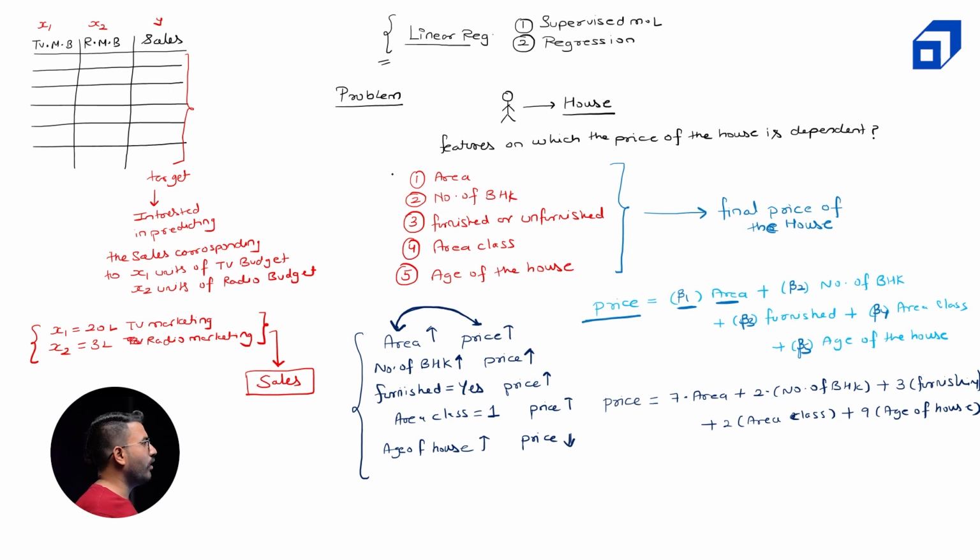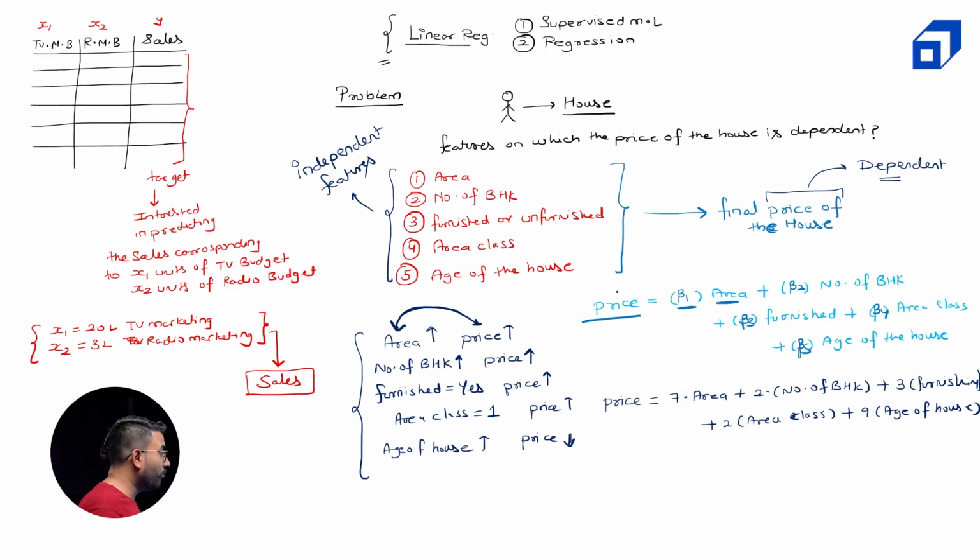These features are known as your independent features. And why they are known as independent? Because they are not dependent on someone. While the price is known as the dependent feature, because this feature is dependent on all these independent features.